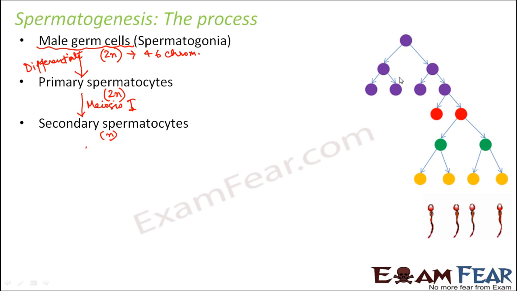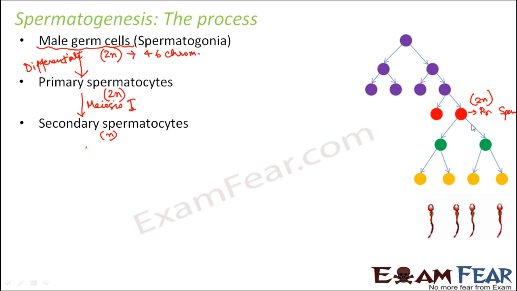Now if you look at this diagram, this is the male germ cell. These male germ cells undergo mitosis, and that is how they keep on increasing in number. But of the cells formed as a result of mitosis, some differentiate to form primary spermatocytes. Here you can see this orange colored cell represents primary spermatocytes, and these are diploid cells.